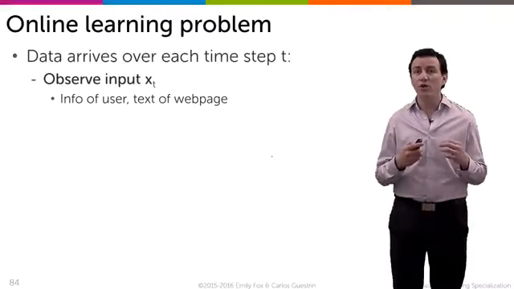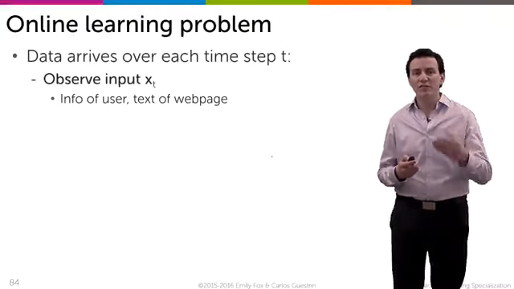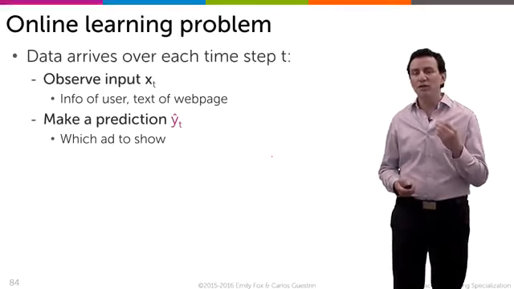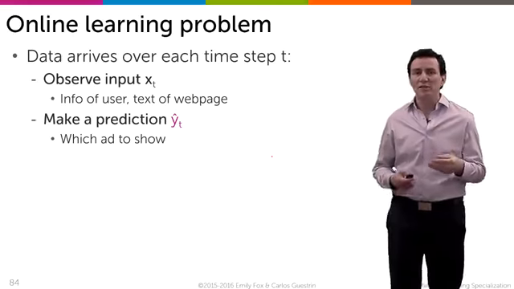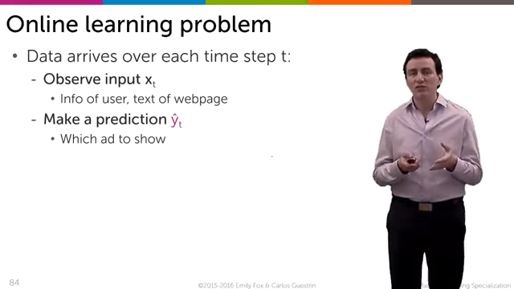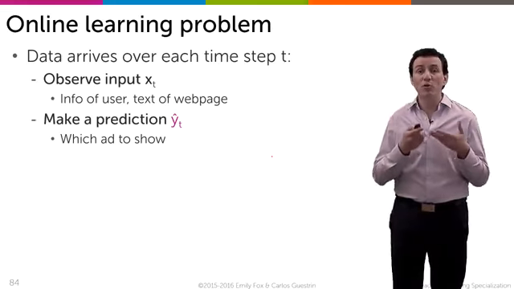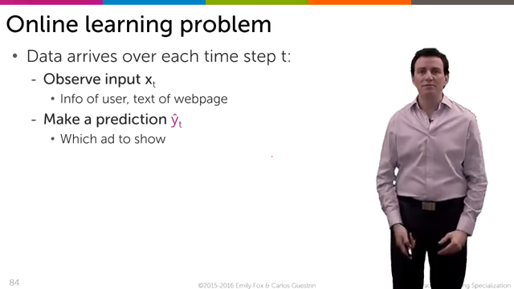And this is an example of an online learning problem. Data is arriving over time. You see an input xi, and you need to make a prediction, y hat i. So the input might be the text of the web page, information about you, and y hat i might be a prediction about what ads you might click on.